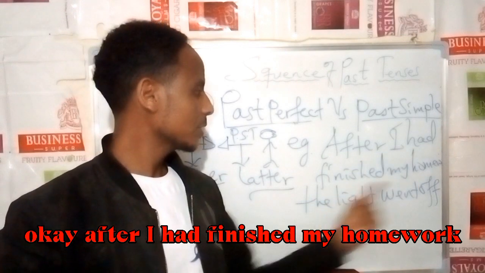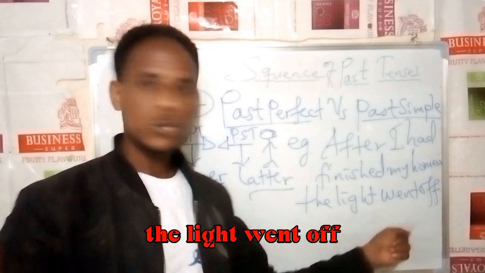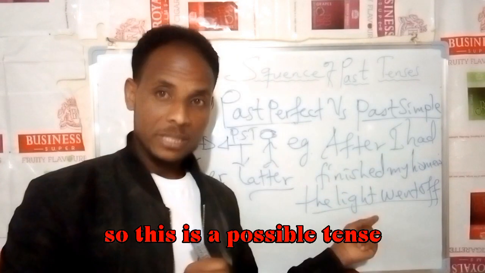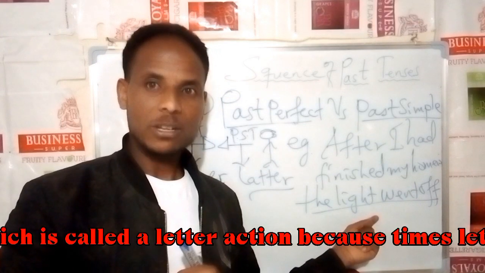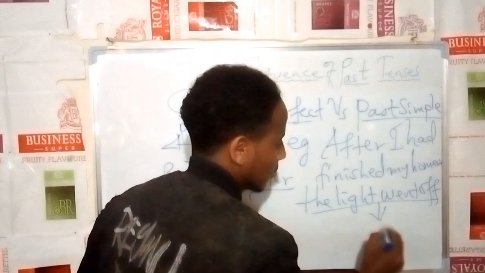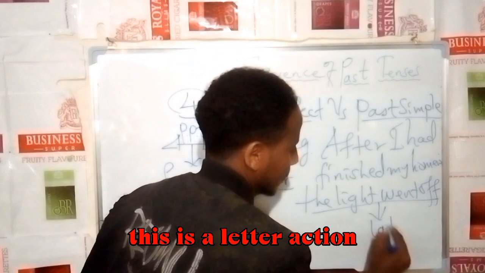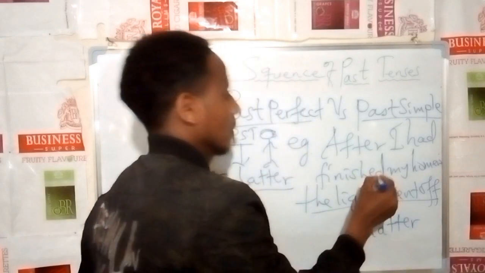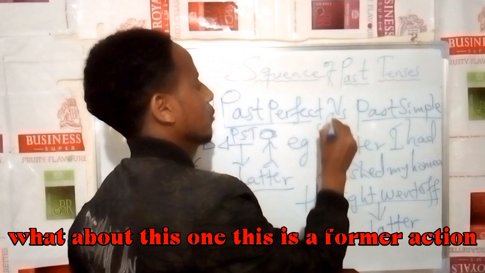After I had finished my homework, the light went off. So this is a past simple tense, which is called a later action, because it comes later. What about this one? This is a former action.